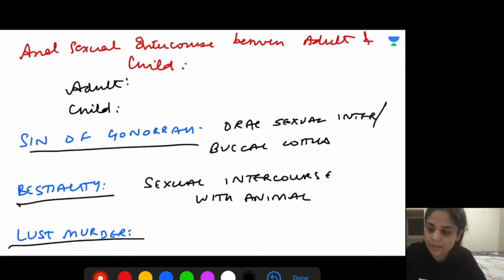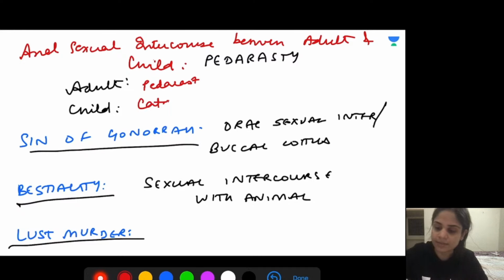It is called pederasty. In this, the adult who is performing the sexual intercourse is called a pederast, and the child on whom the sexual intercourse is being performed is called a catamite. This question is important. Catamite has come in the exam many times.